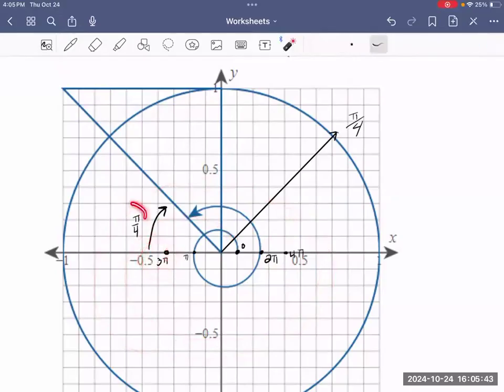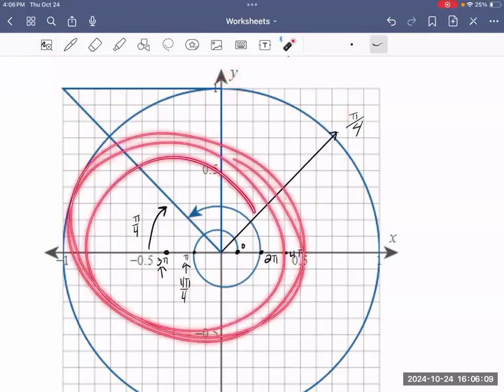But if we understand that this is actually in pi's over 4, what we can do is put everything in terms of pi over 4, meaning that this pi could be 4 pi over 4. So at this point in the unit circle, it is 4 slices of pi over 4, or 0 slices, or 1 slice, or 2 slices of pi over 4, and we can keep going.